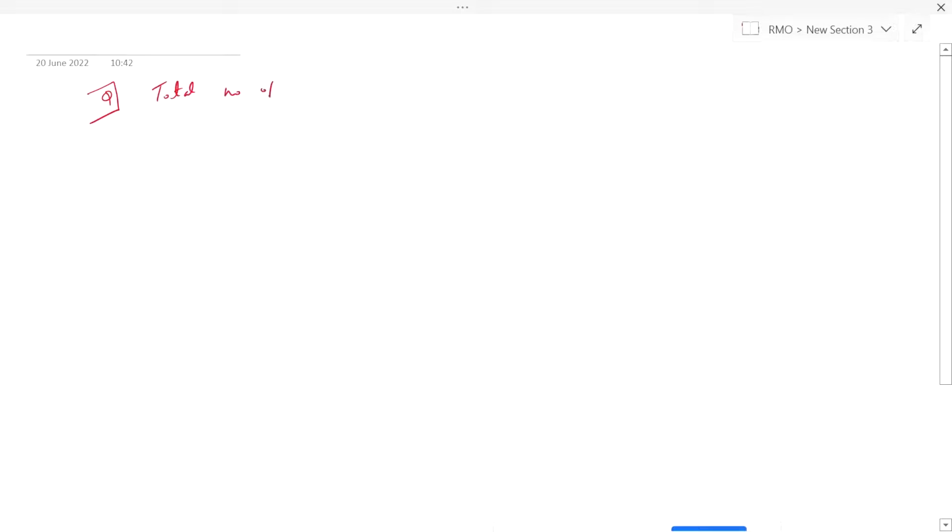Total number of irrational terms in the expansion of 7 raised to 1 by 5 minus 3 raised to 1 by 10, whole raised to 60.